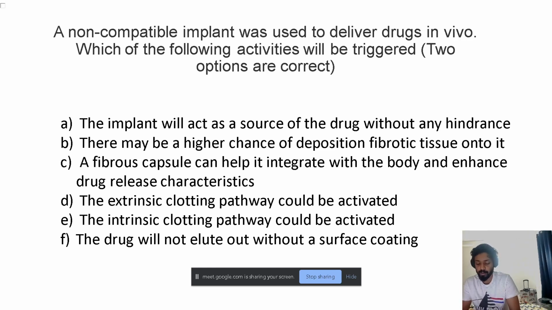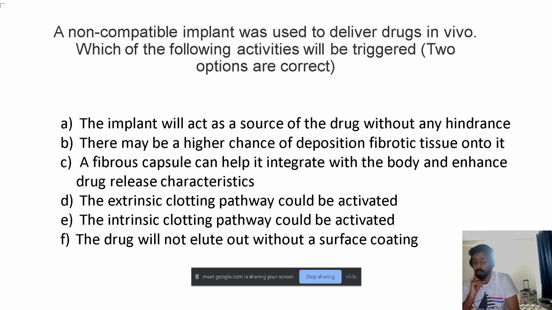It's not going to facilitate this integration. And enhance drug release? That's not true. With a fibrous capsule present, it's much harder for the drug to come out. So it's quite the opposite of these two effects, and this is definitely not the correct option.